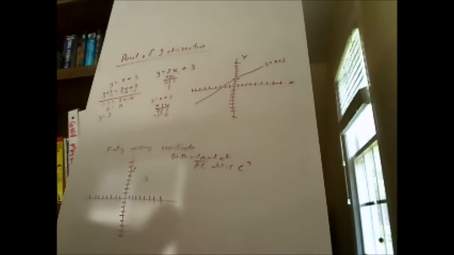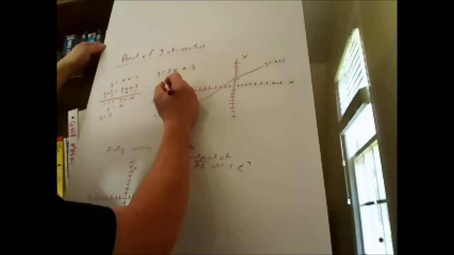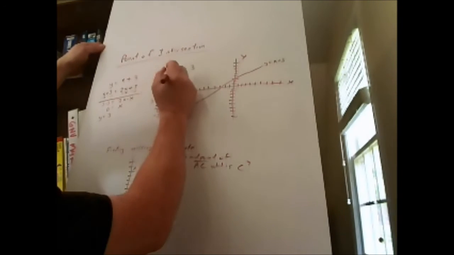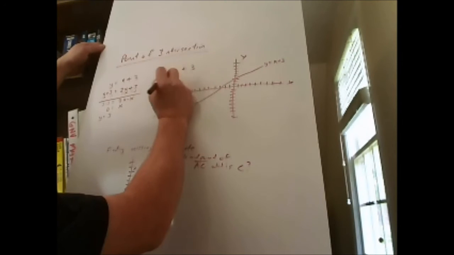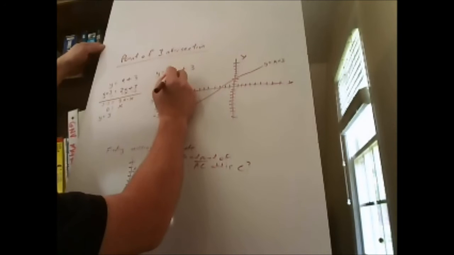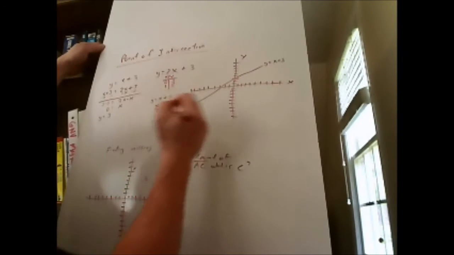So let's just pick some numbers to make it easy. Let's make x equal 1. If x is 1, that's 2 times 1 is 2, plus 3 is 5. So x is 1, y is 5.